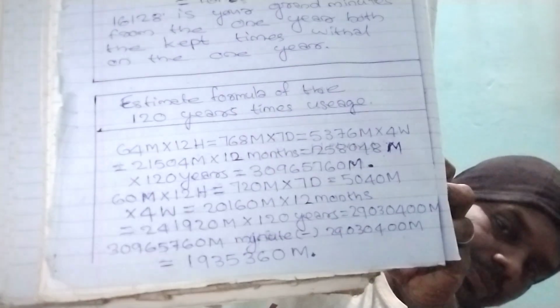The estimated formula says the usage of the 120 years. That is the under graph. 120 years.